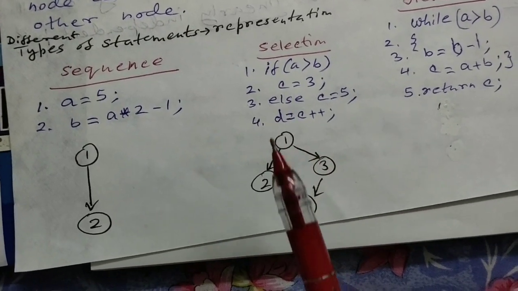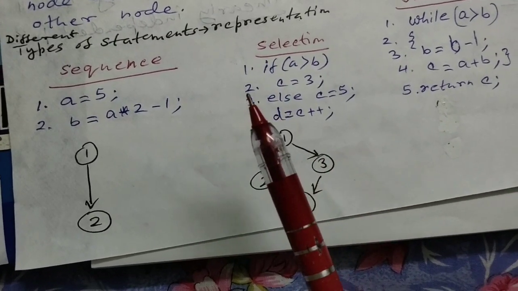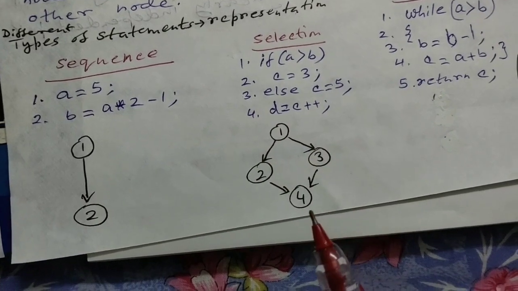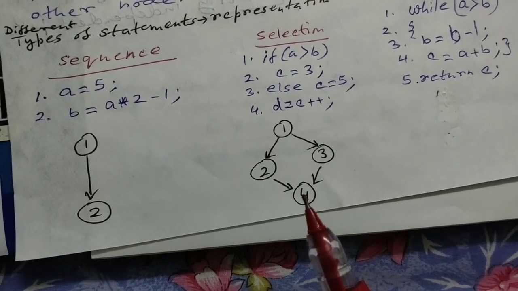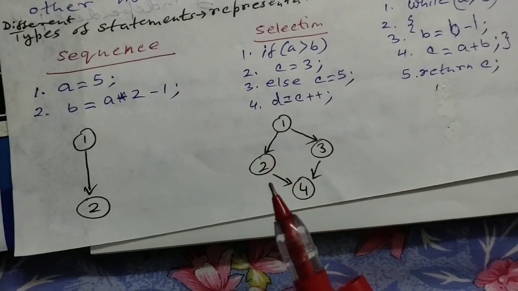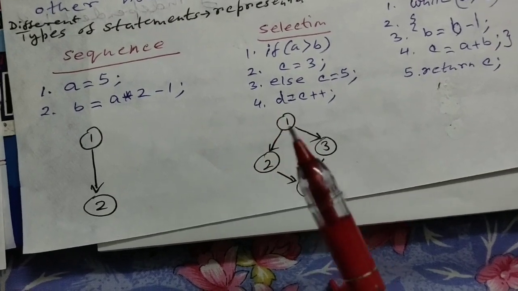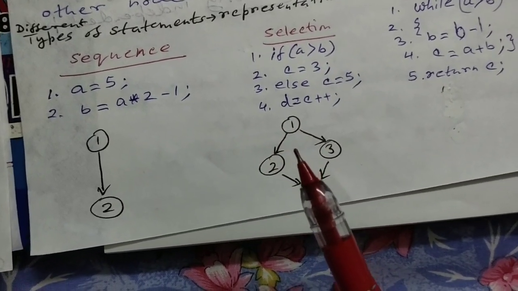If it is true, then 1 to 2. If it is false, then 1 to 3. And in both cases, after the end of the if statement, it will directly go to 4, so 2 to 4 and 3 to 4 will be different paths. In this way, we can represent branching.